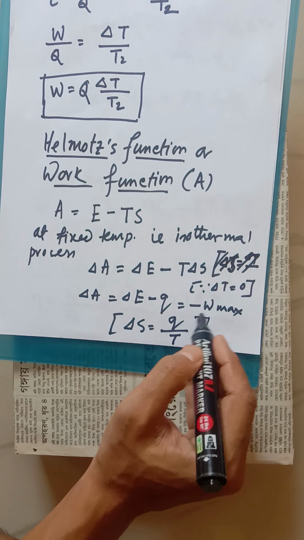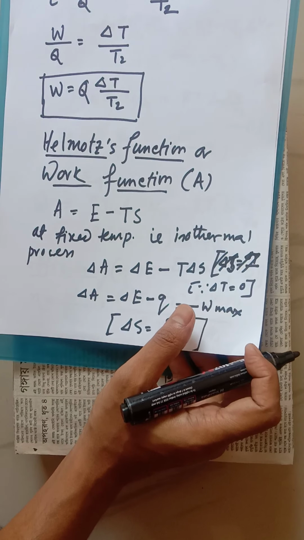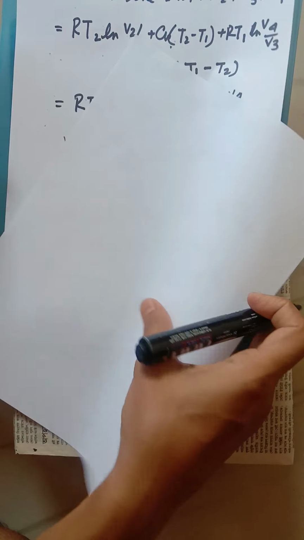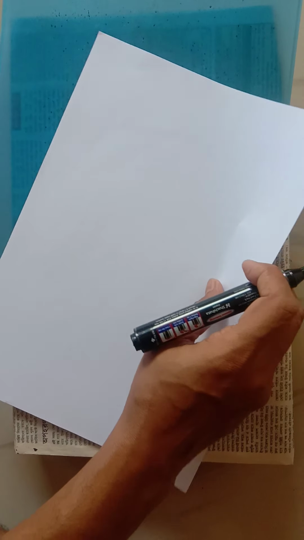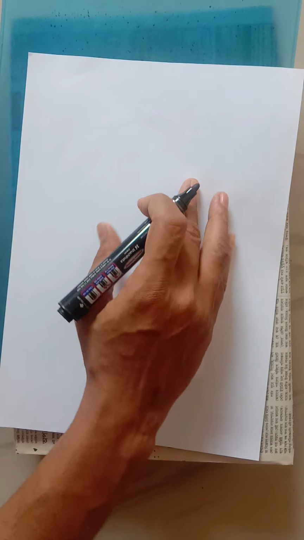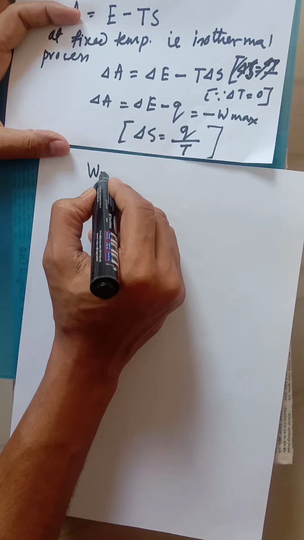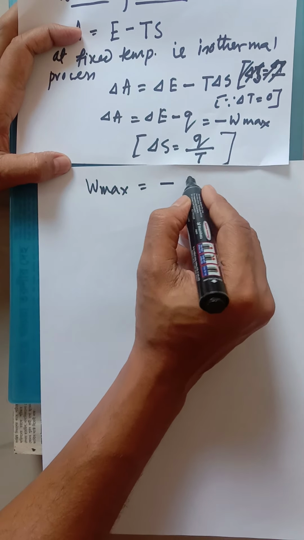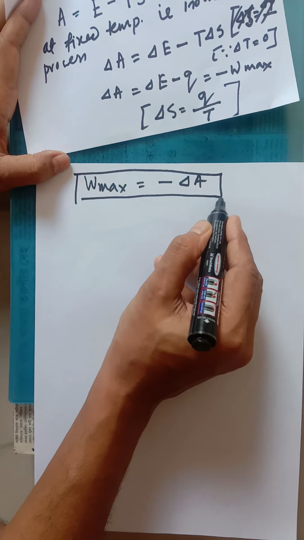So the maximum work can be written as W max equal to minus delta A. What is the meaning of this?